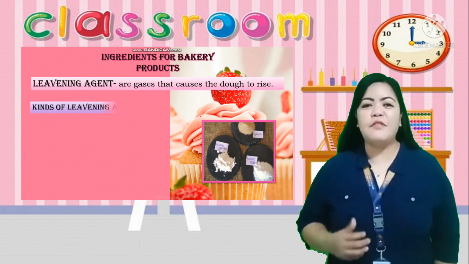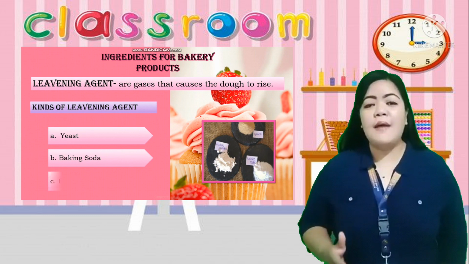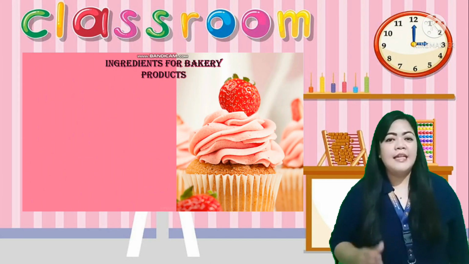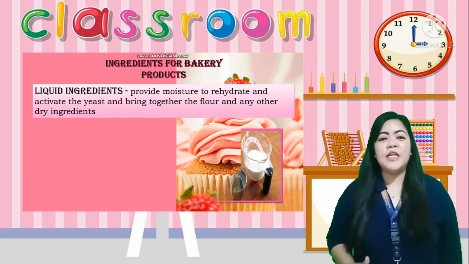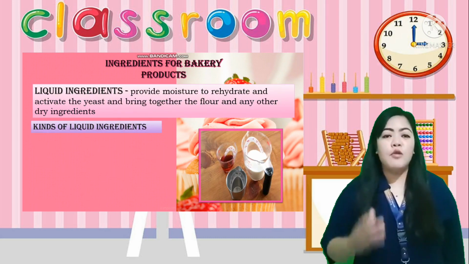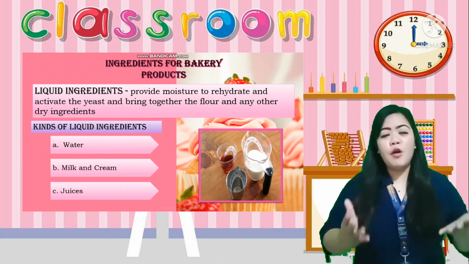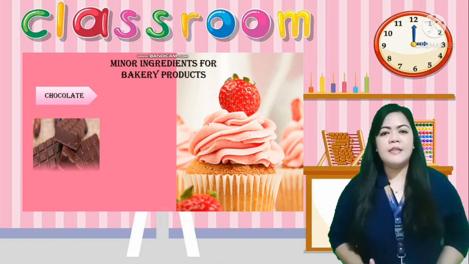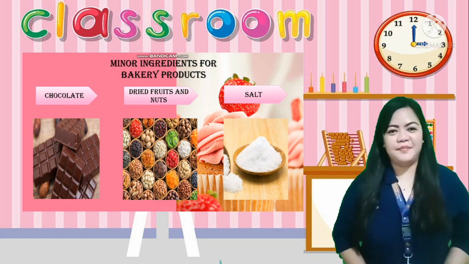The different kinds of leavening agents are yeast, baking soda, and baking powder. Next is liquid ingredient. The different kinds of liquid ingredients are water, cream and milk, and juices. We also have minor ingredients. They are chocolates, dried fruits and nuts, and salt.